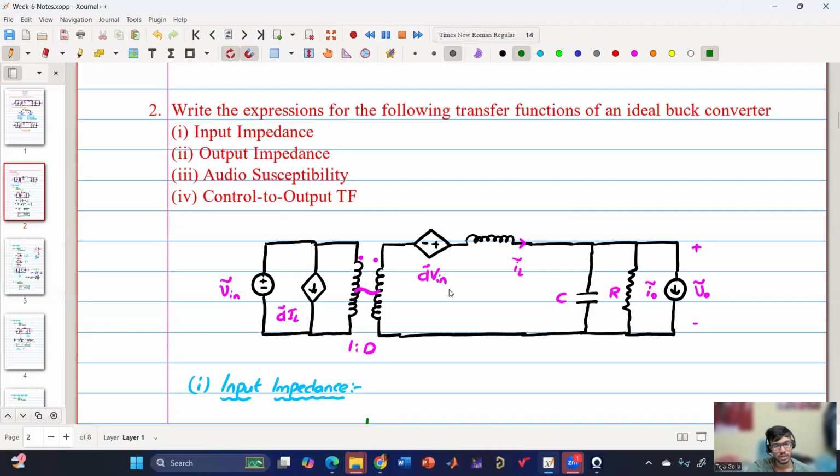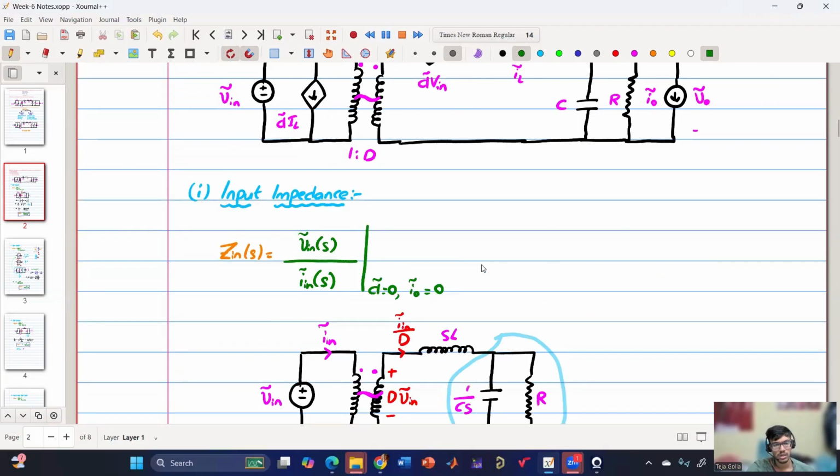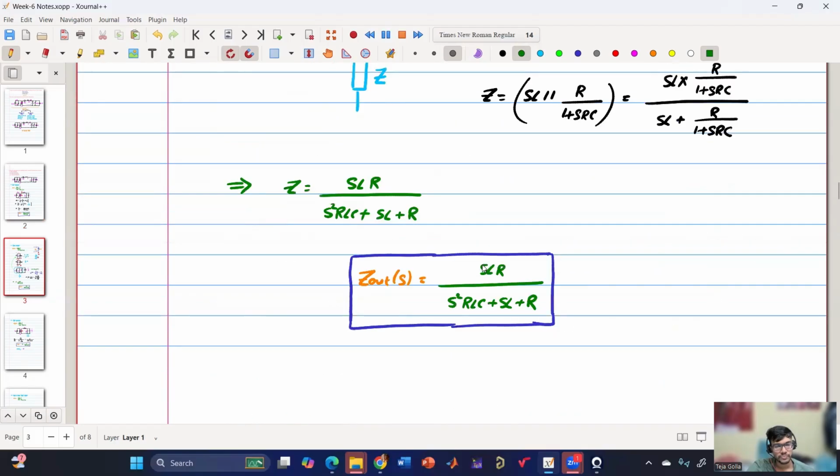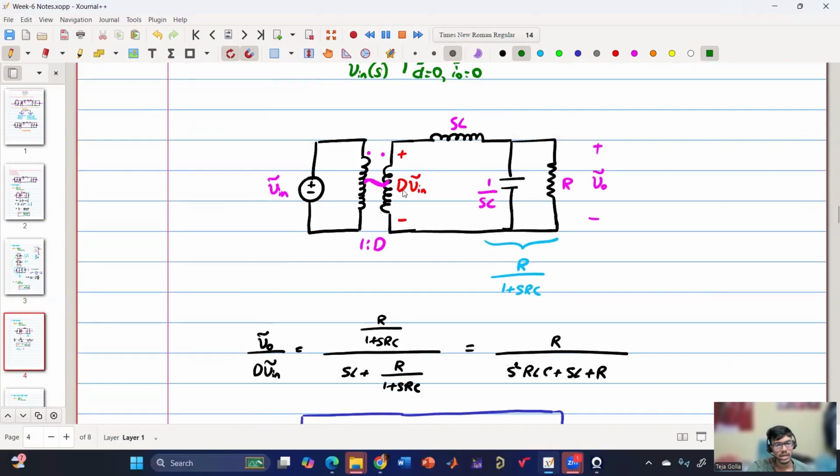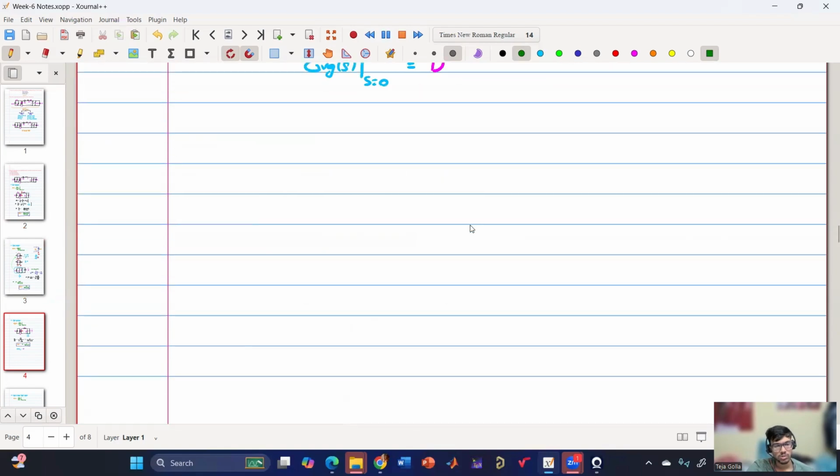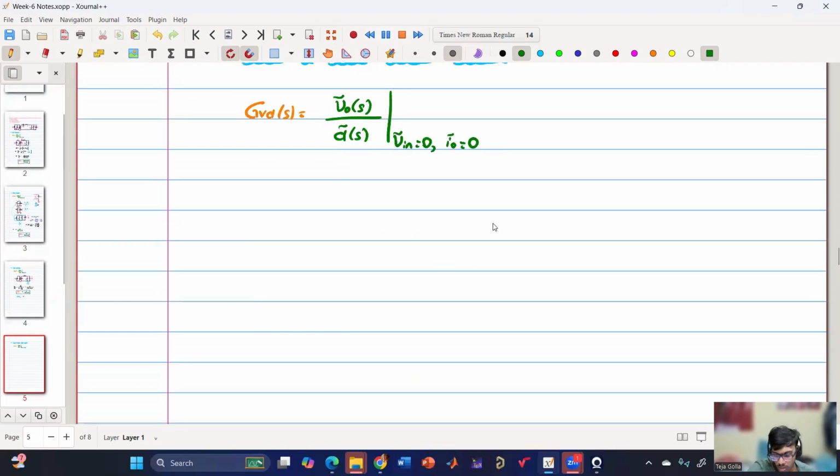Okay. So now basically we have this voltage source and here one impedance and here another impedance. So instead of D into V in per term, now we have V in into D per term. So if I redraw the diagram, I will have something like this.